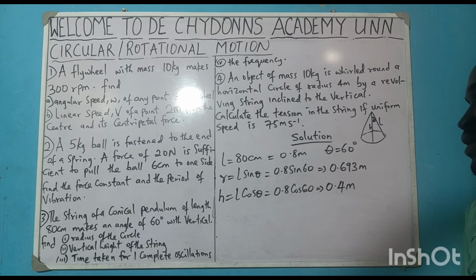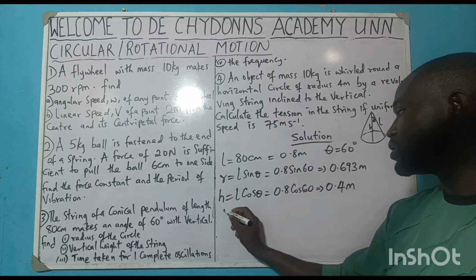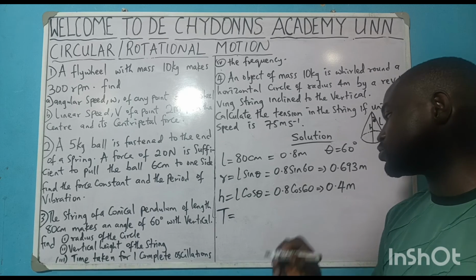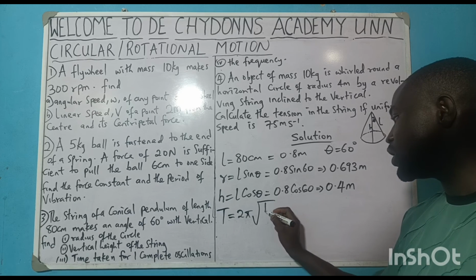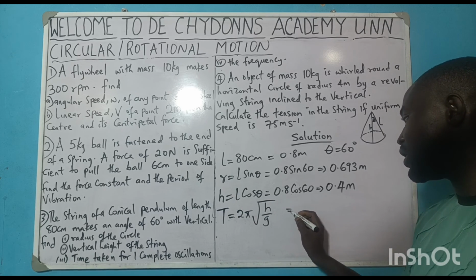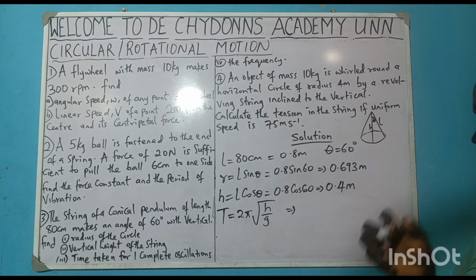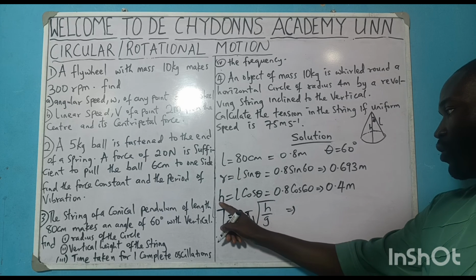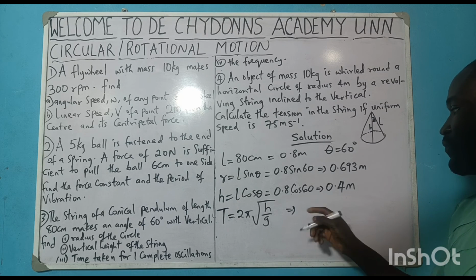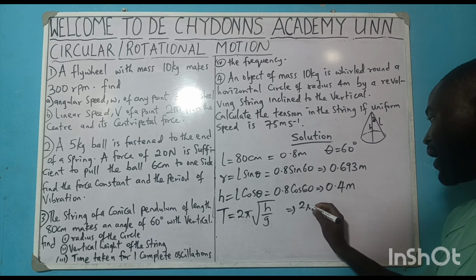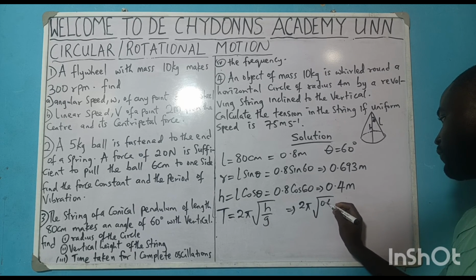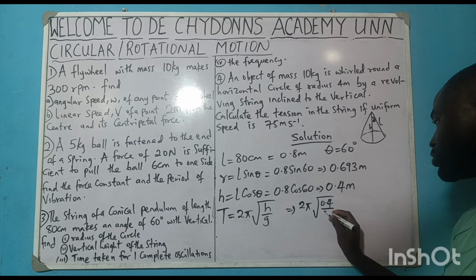Then the time taken for one complete oscillation, that is the period, is equal to 2 pi root h over g. As I said, not r over g, but the one of h. We got it from saying L cos theta over g. So 2 pi root 0.4 all over what?